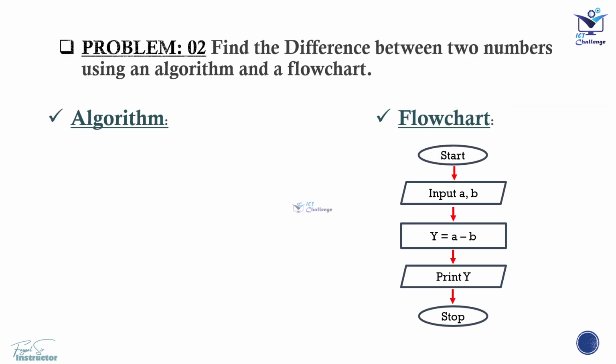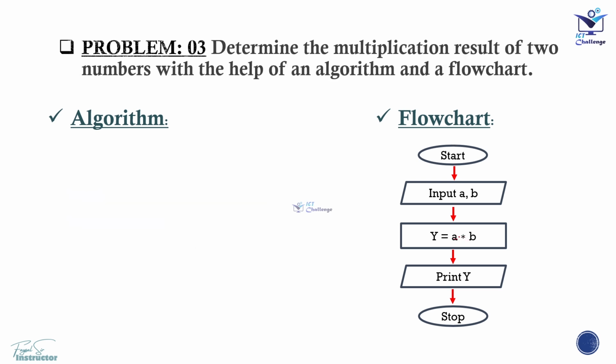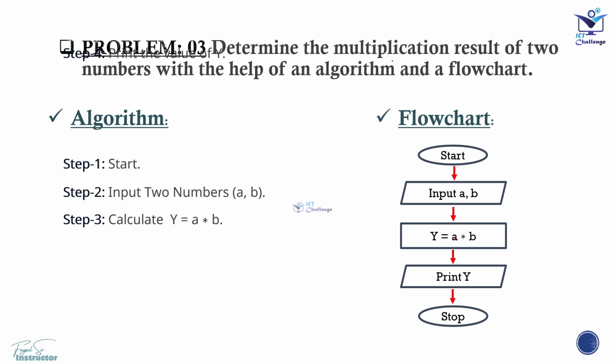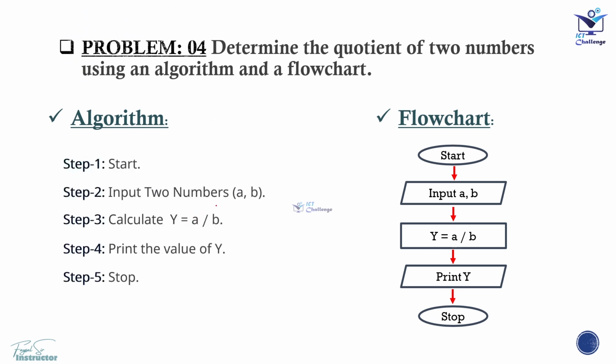Here we have problem number 2, which we already discussed: find the difference between two numbers. We have the algorithm again, and we just use the negative or minus sign. If you are asked for the multiplication result, then you have to use the star mark between A and B. If you want to find the quotient of two numbers, you have to use the division sign.